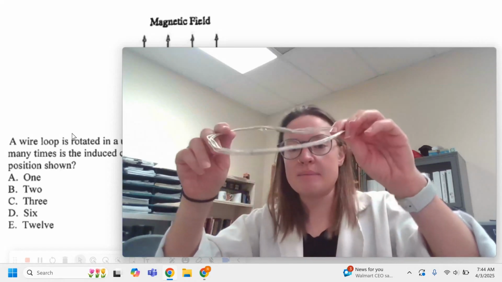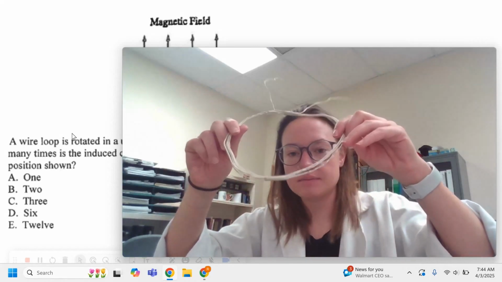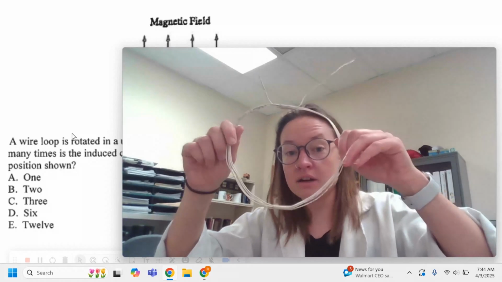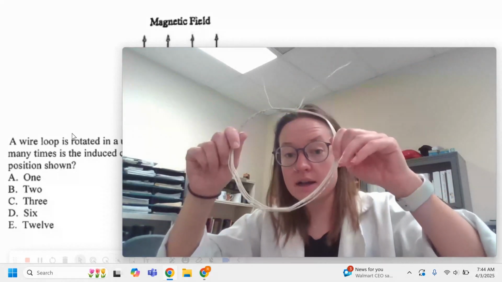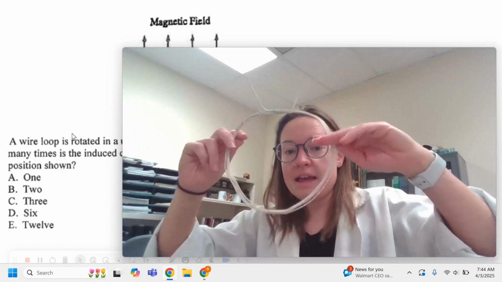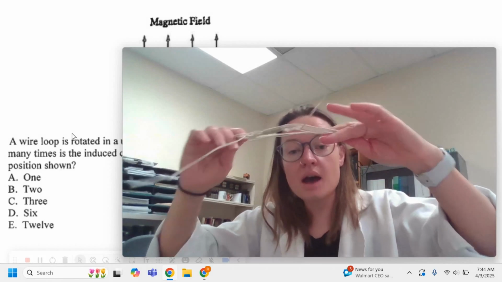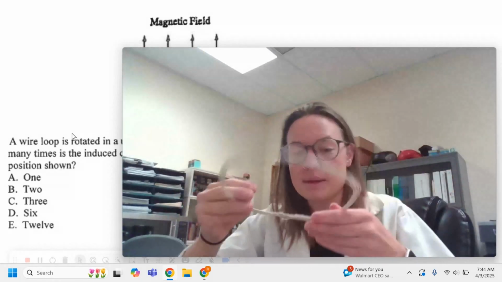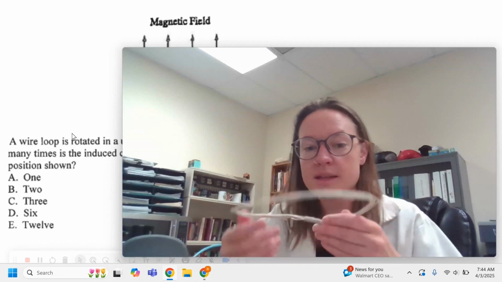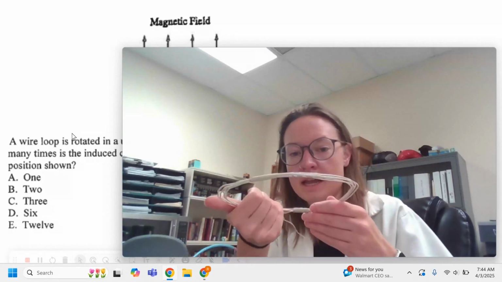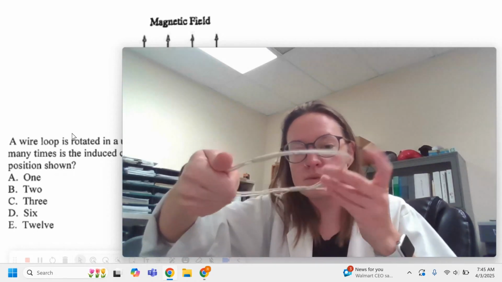Let's watch what happens as it continues on its journey. When it gets to here, there is no flux. And then as it turns, we increase the flux going up. I want you to watch what happens here. It used to be the case that the flux going up was decreasing, and so the current was going this way.